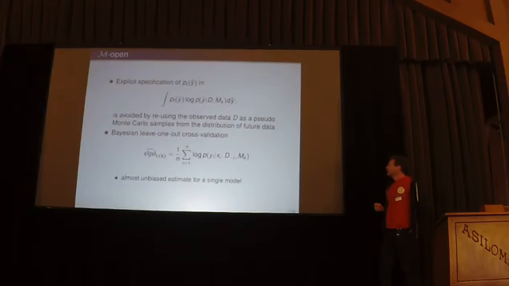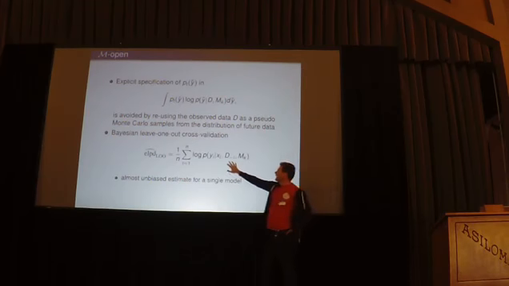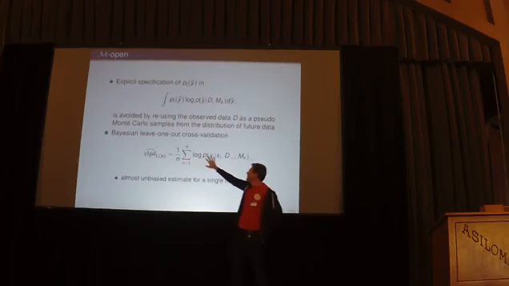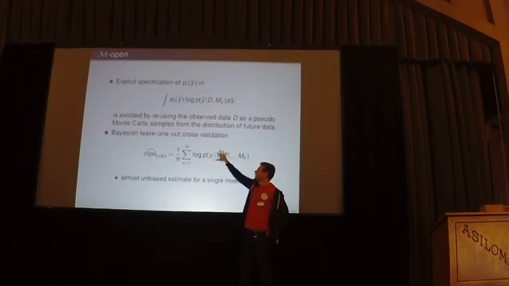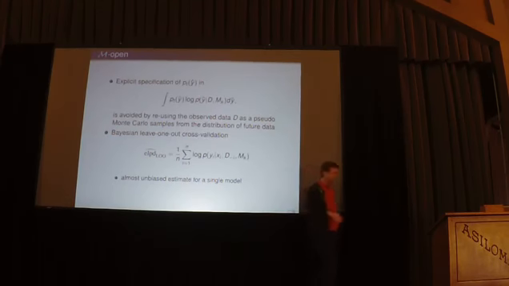So we are evaluating the predictive distribution with only n observations, or n pseudo observations from the future data. This is an almost unbiased estimate for a single model.